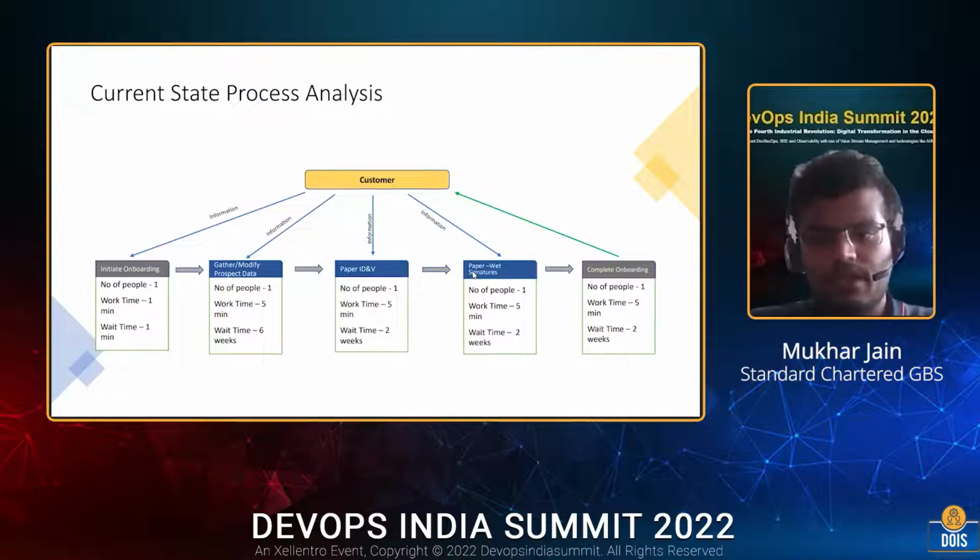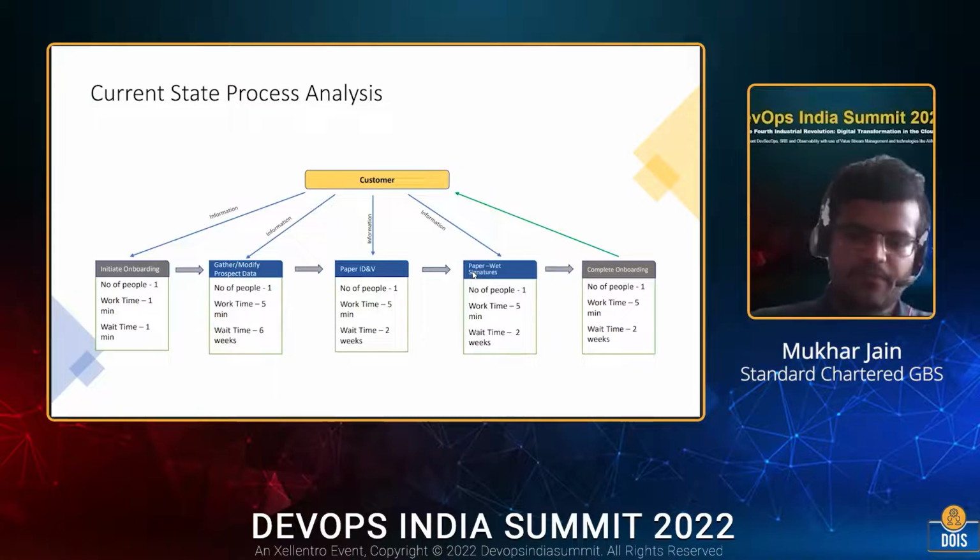This again is a manual process, and we have also mentioned the wait time this process currently has, which is 2 weeks. Once the signing is done, the prospect is moved to the final step, and upon this step, the application is processed internally and soon the onboarding is completed.